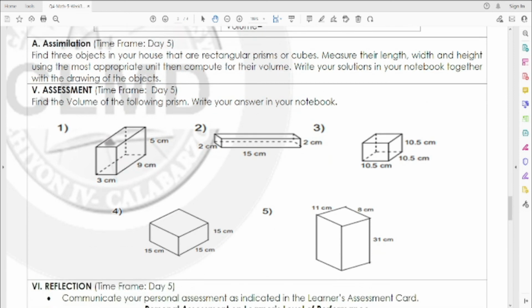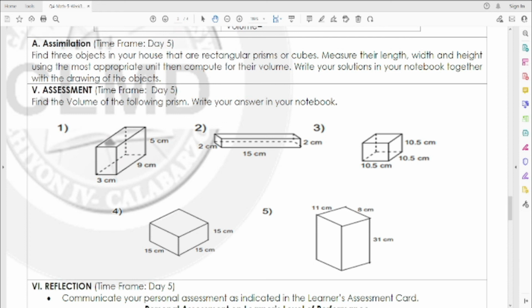We have 5 objects here. Number 1, the width is 3 meters, the length is 9 meters, and the height is 5 meters. Get the volume of this rectangular prism, together with number 2.